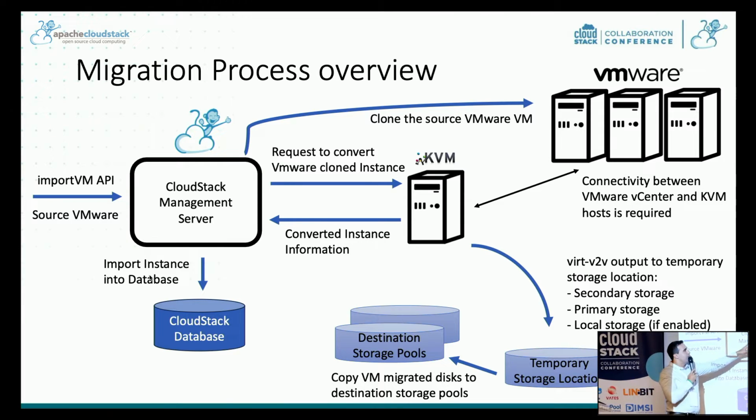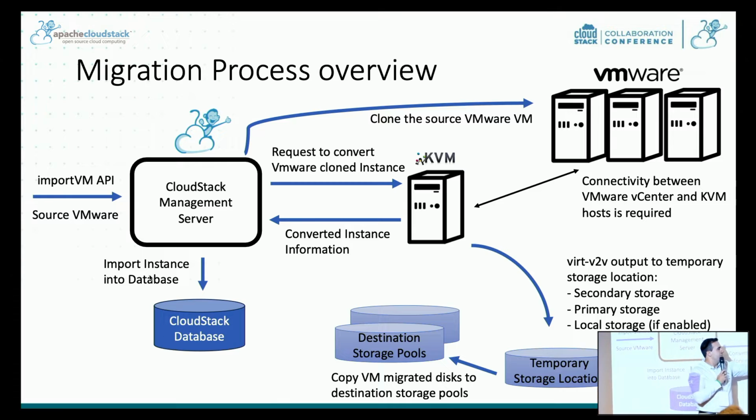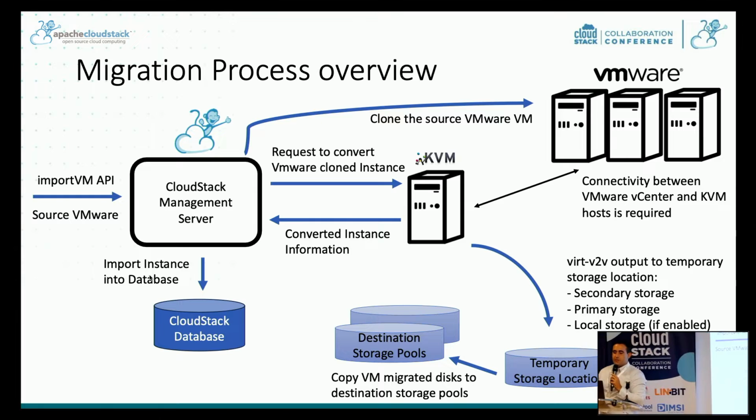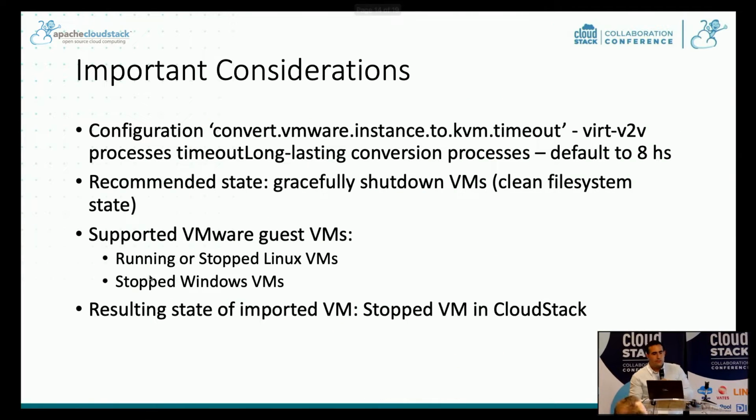The API does the clone of the source VM on the source data center, and then we delegate that to the KVM host. We use the temporary location, and from there we move to the destination storage pool. That gives a stopped VM that we can deploy as a new CloudStack VM.